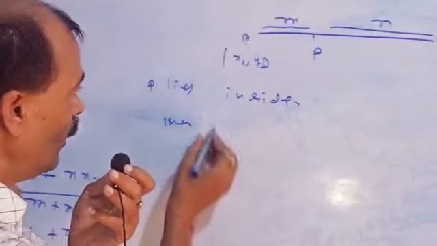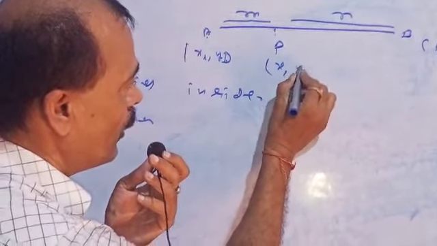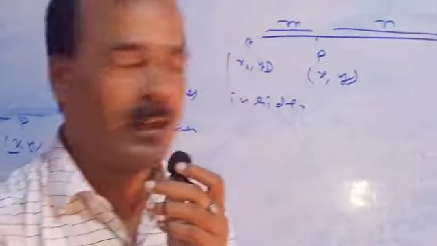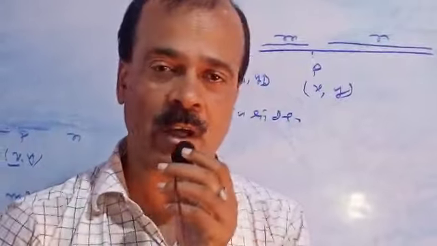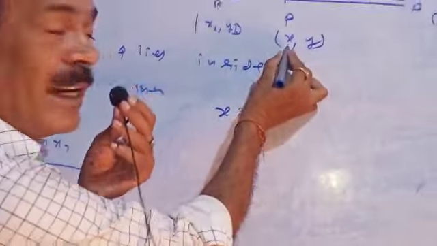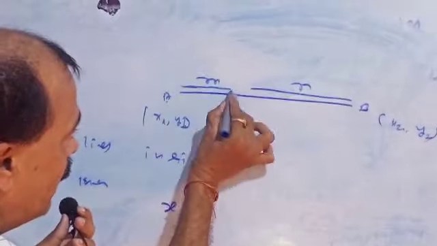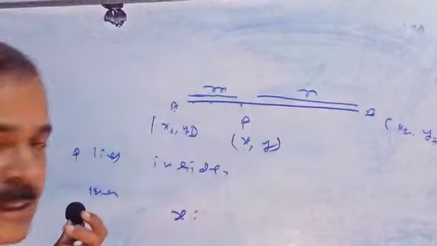P obviously has two coordinates. Suppose the first coordinate is x, that is the abscissa, and the second coordinate is y, that is the ordinate. To get the value of x, m is the length of this section.